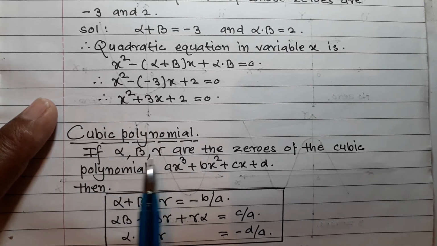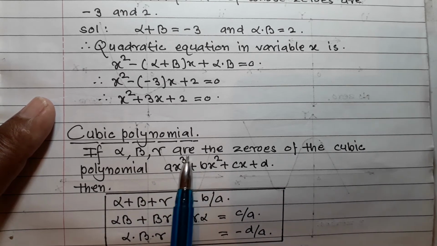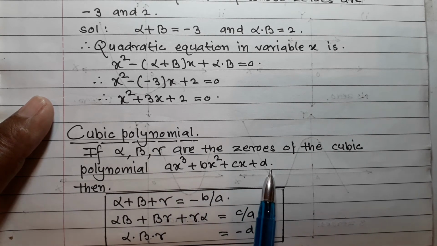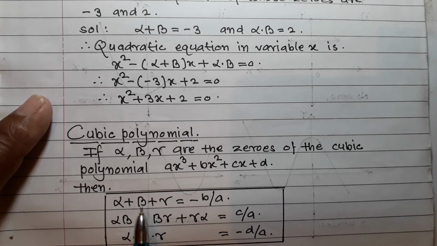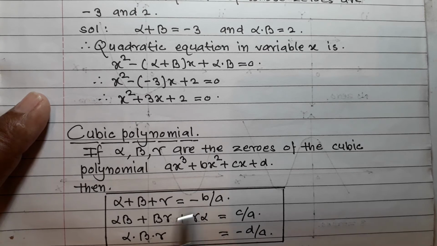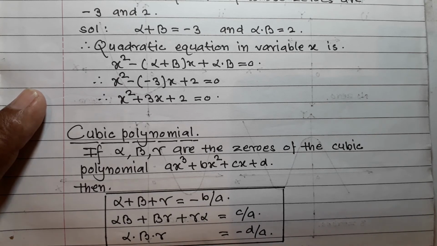So if alpha, beta, gamma are the zeros of the cubic polynomial ax cube plus bx square plus cx plus d, this is the general form of a cubic polynomial, then alpha plus beta plus gamma is equal to minus b upon a, alpha beta plus beta gamma plus gamma alpha is equal to c upon a, and alpha into beta into gamma is equal to minus d upon a.